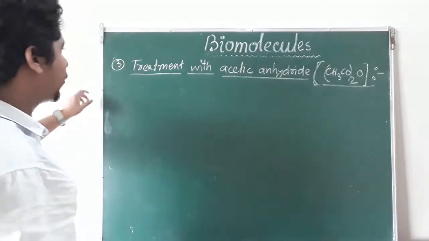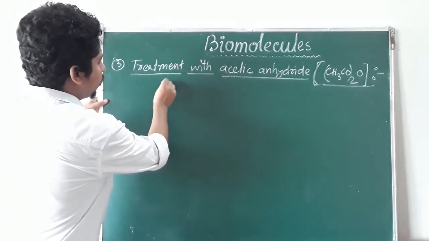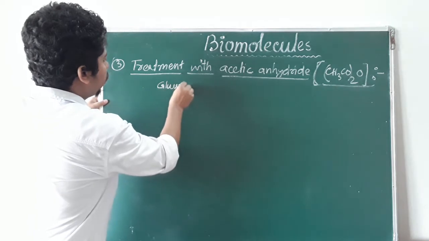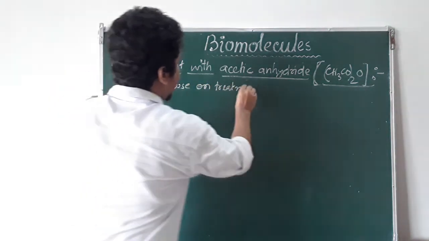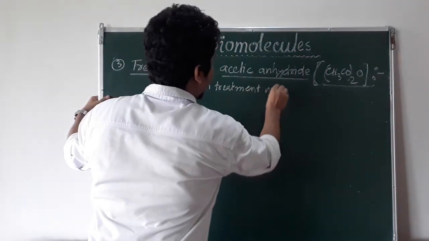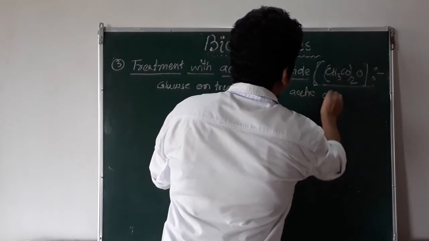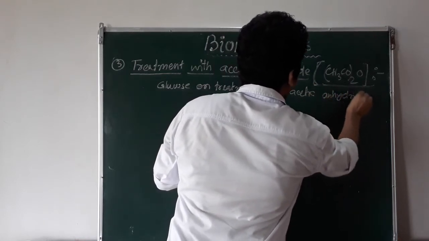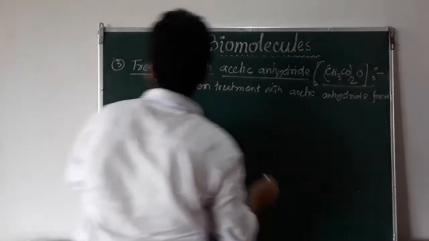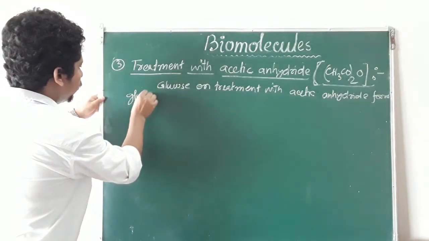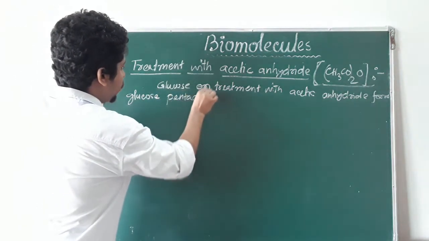So I am writing the reaction here. Glucose on treatment with acetic anhydride forms glucose pentaacetate.